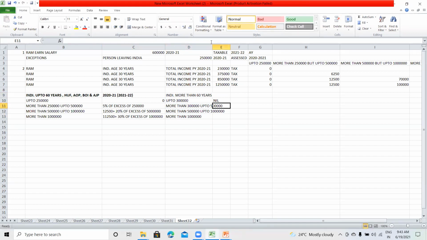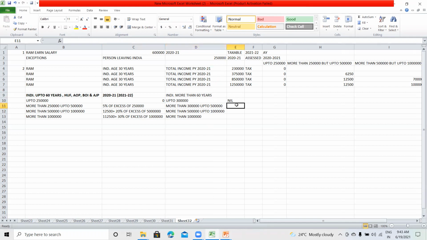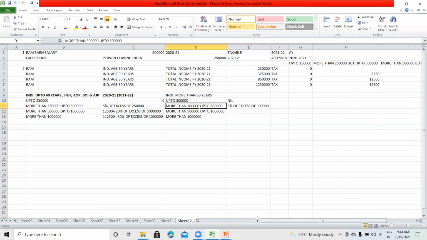More than 3 lakh but up to 5 lakh, it will be 5% of the excess of 3 lakh. It will not be 12,500.